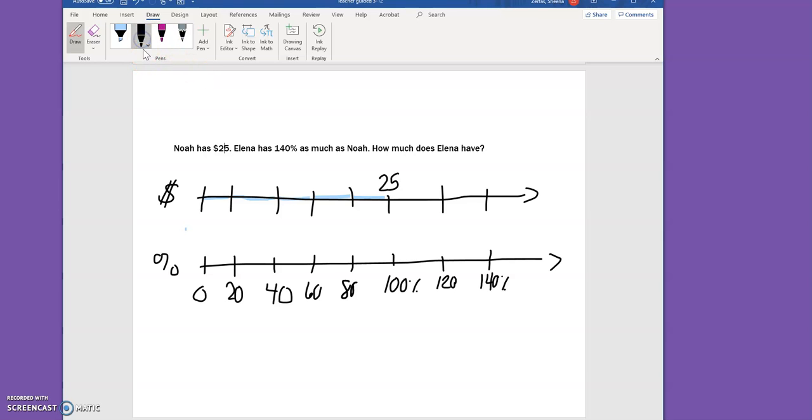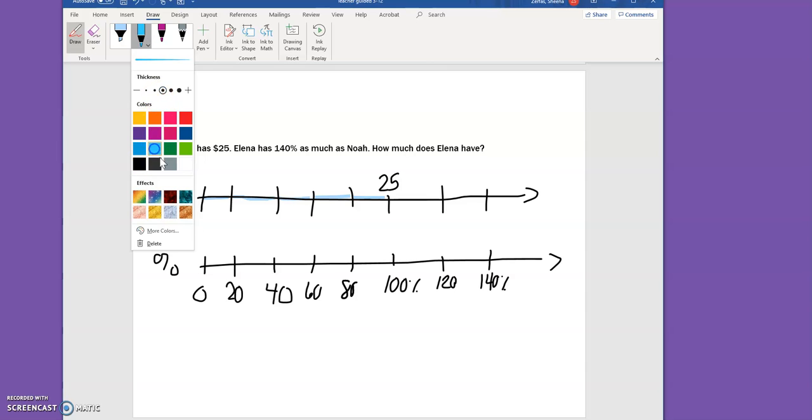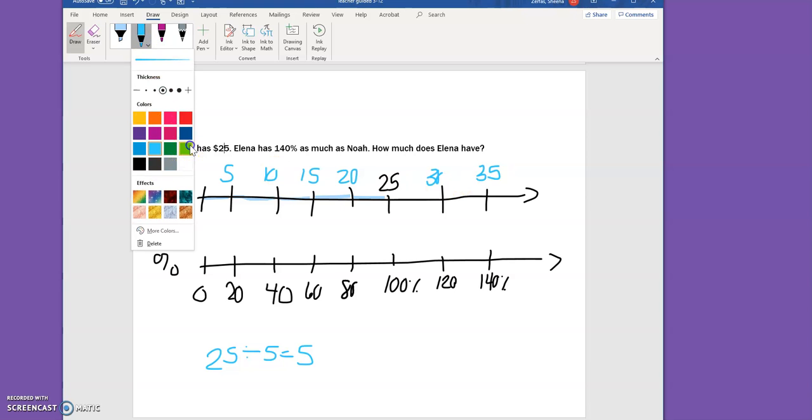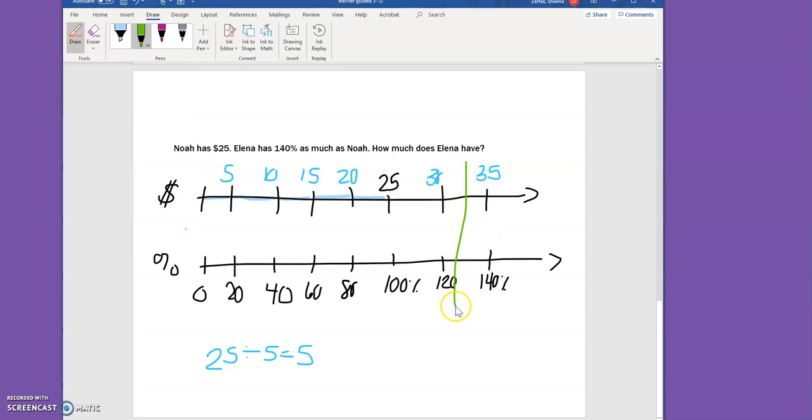So to identify what I am counting by, I take the 25 and I divide it into 5 spaces. And so our dollar amount is counting by 5s. How much Elena has, we can then just circle our answer. 140% is $35.